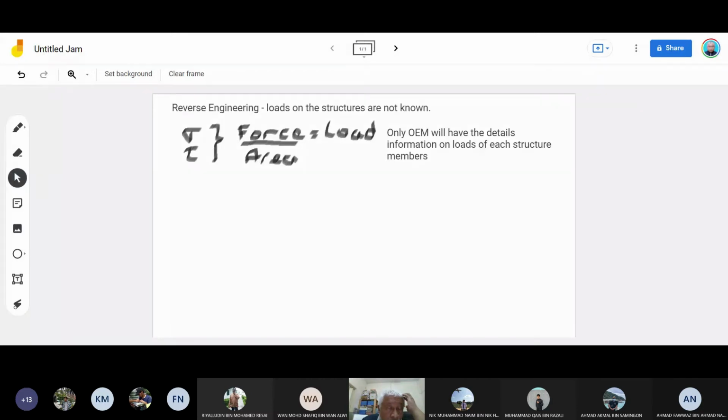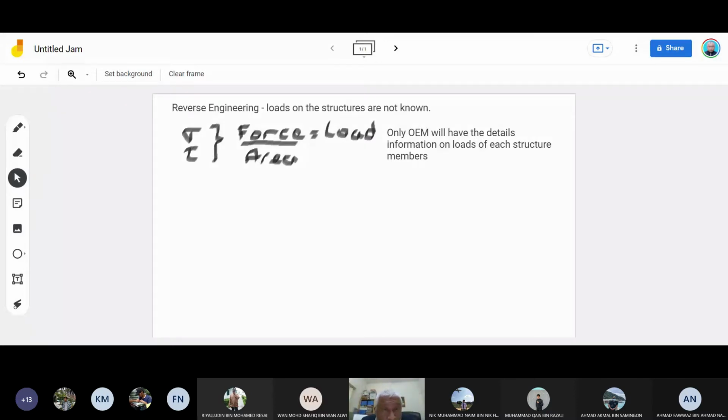All of these are in the stress manual of the OEM for the aircraft model, and in that manual they also give you the methodology of doing the stress analysis. So we have all the detail. If you are able to get hold of those manuals, then your life will be easier.